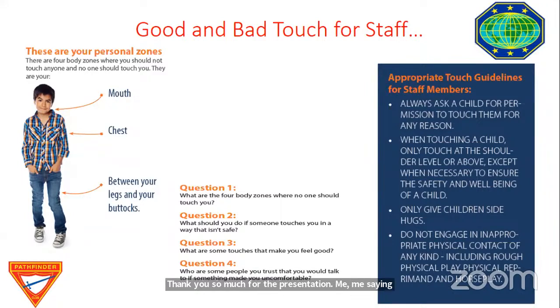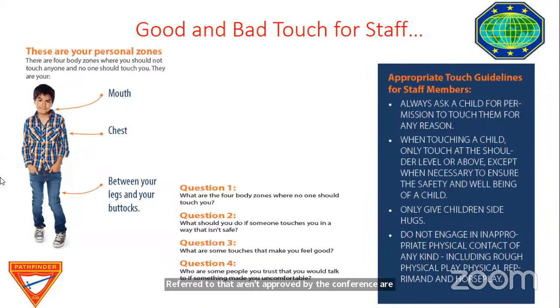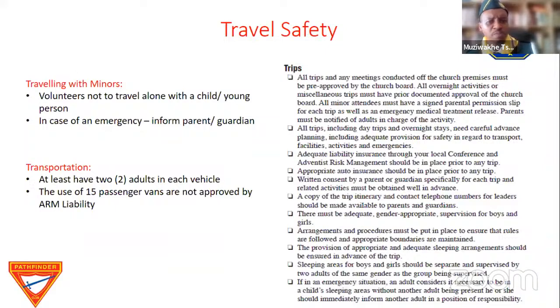There is a question: the 15-seater vehicles referred to that aren't approved by the conference, are those what are commonly known as minibus taxis? These ones are not necessarily the minibus taxis, but we are talking particularly of these so-called passenger vans.